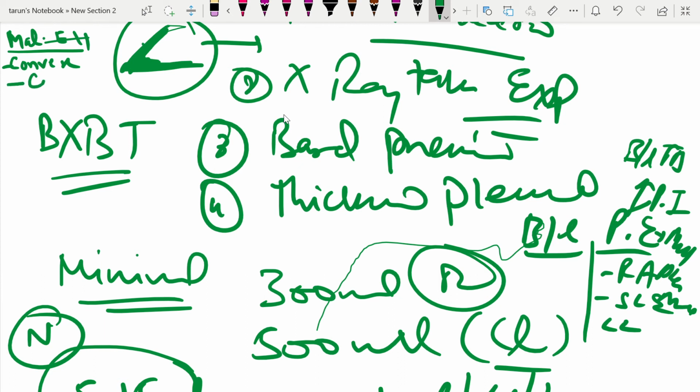Then an elevated hemidiaphragm may indicate diaphragmatic palsy, which can lead to an elevated diaphragm.